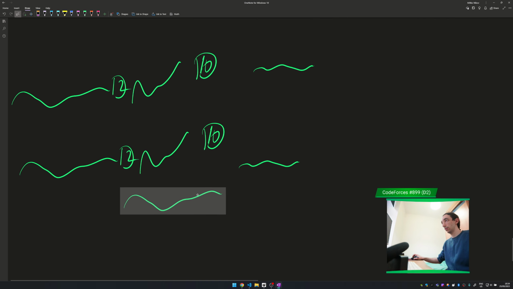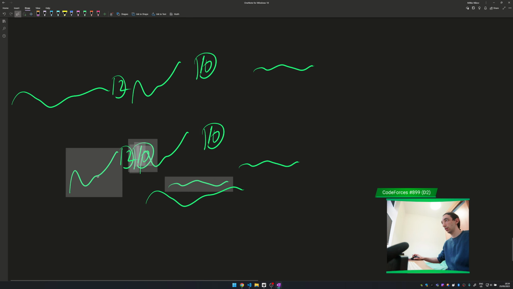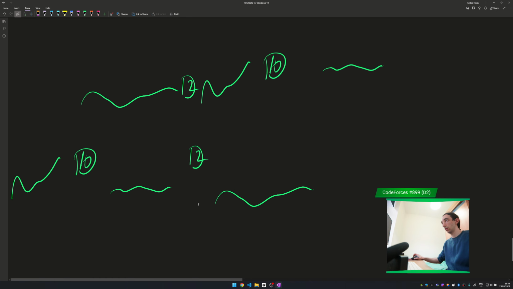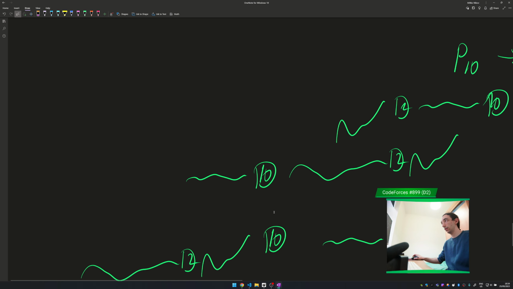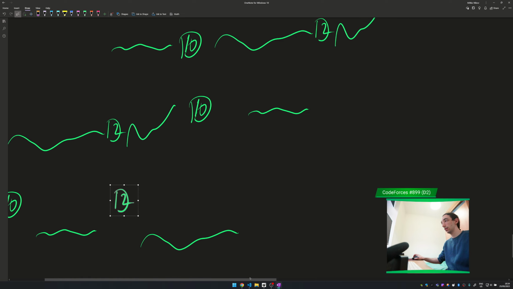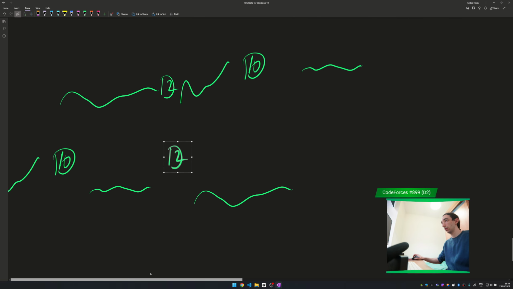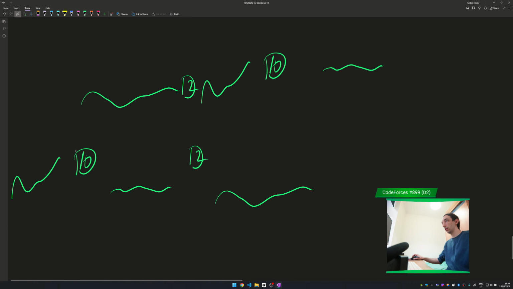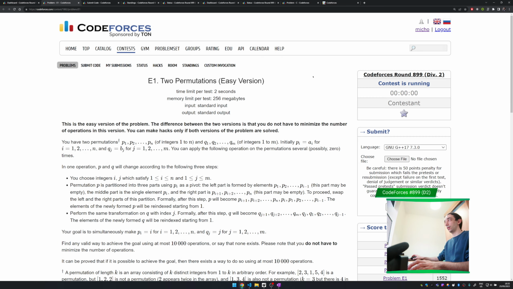Now, what about if I swap here? Now 10 is in the place of 2, 2 is in the place of 10, and these here are both fine. So these are the 3 operations that you need to do in order to swap 2 numbers. And now the problem is straightforward: we swap the least amount of numbers we can.